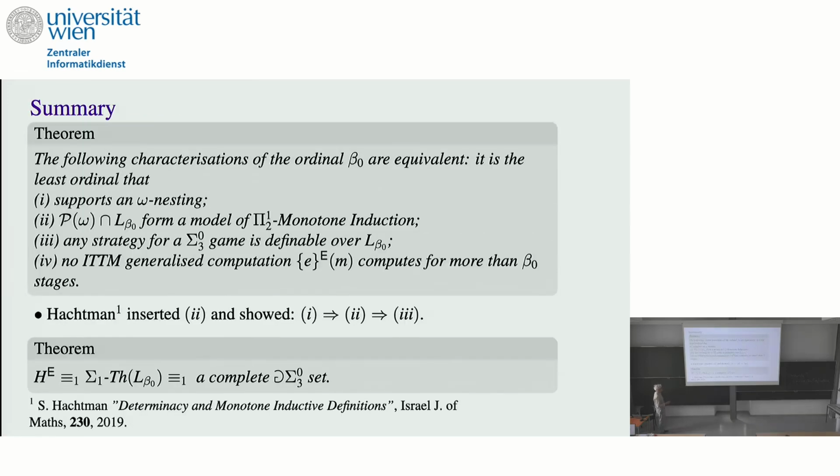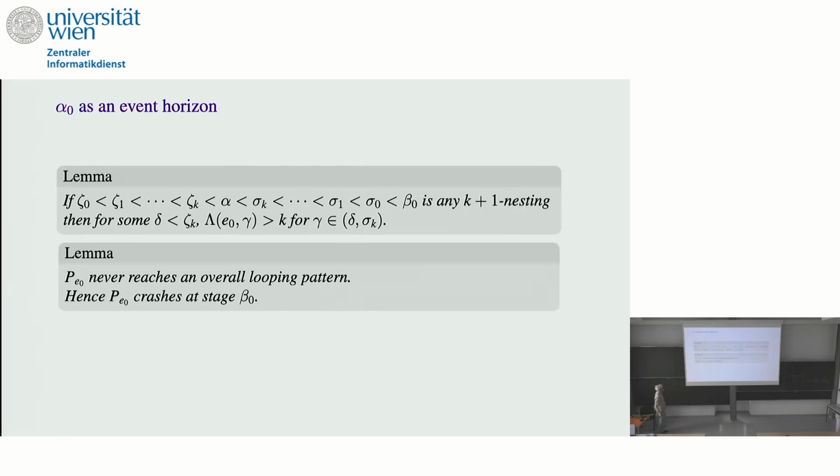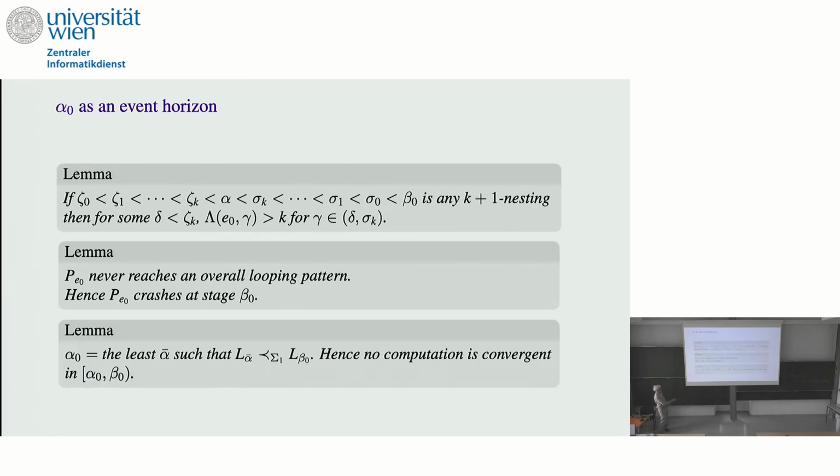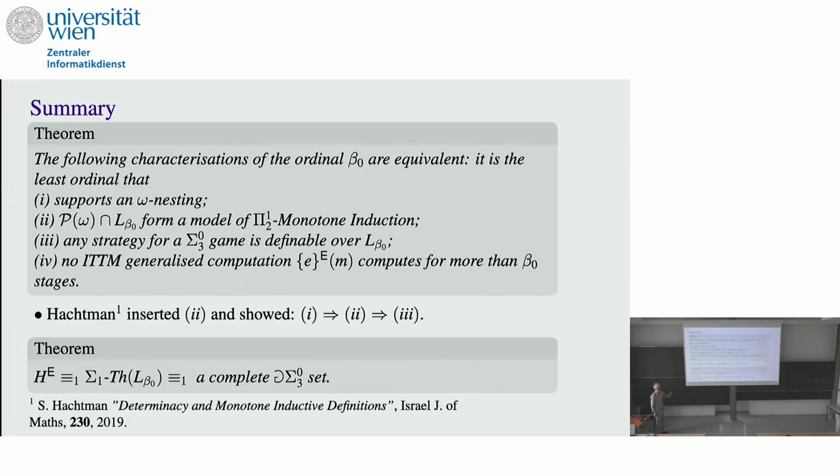So no computation is convergent in this interval here. So the picture that I was describing is the true picture. And so finally here, various characterizations then of this ordinal beta 0.